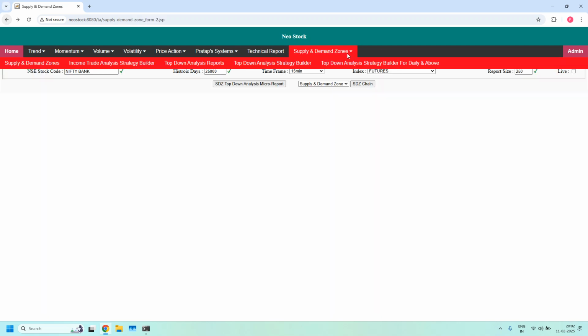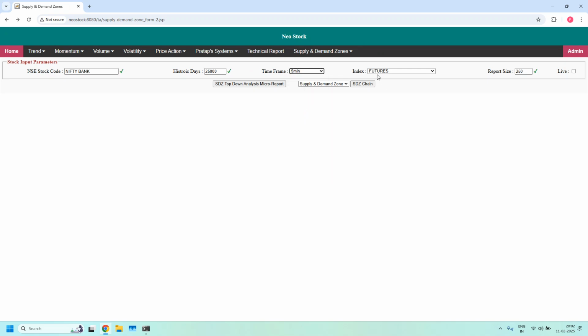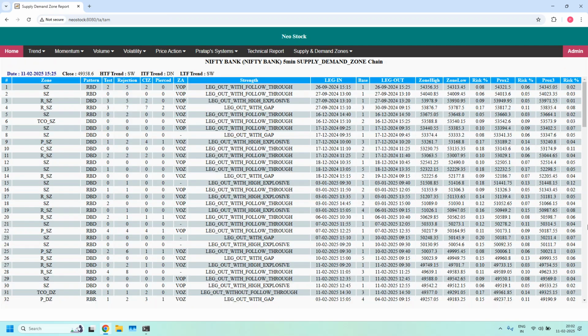Next, 5 minutes supply demand zone chain for BANKNIFTY. 31 is the nearest demand zone. I am scrolling the list so that I can put it in the center.